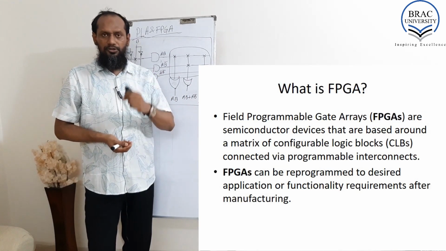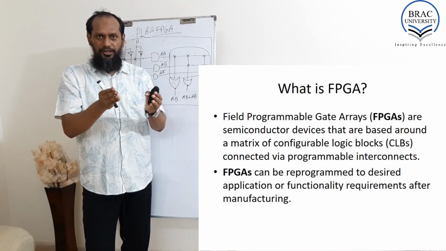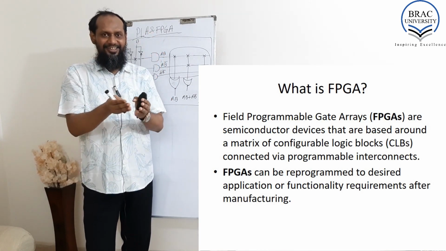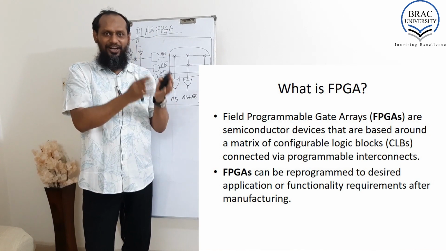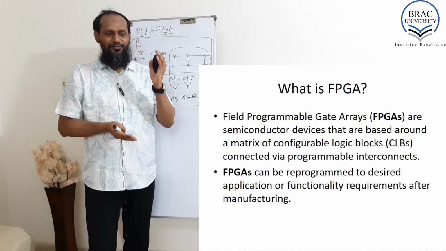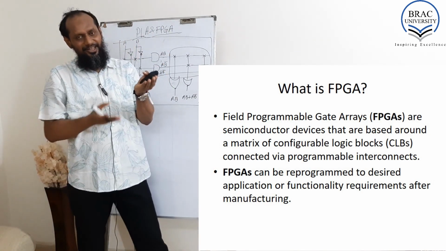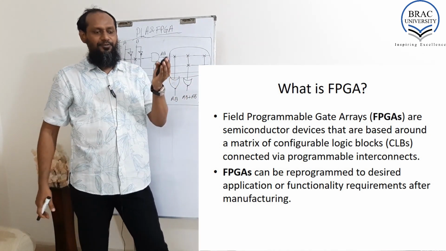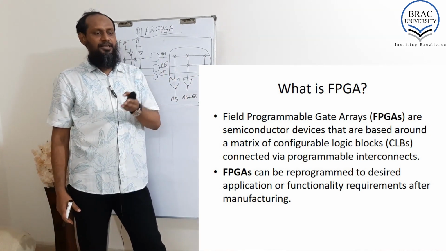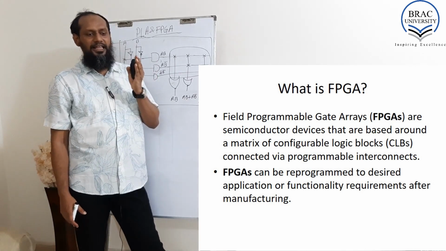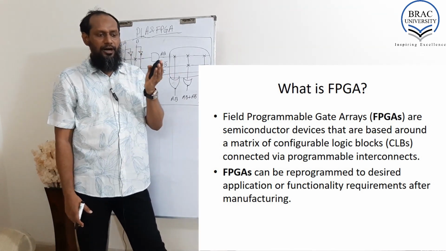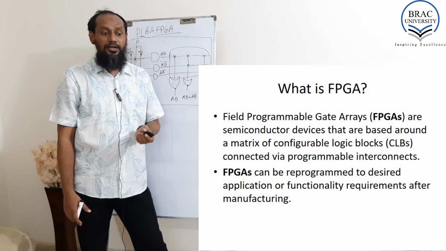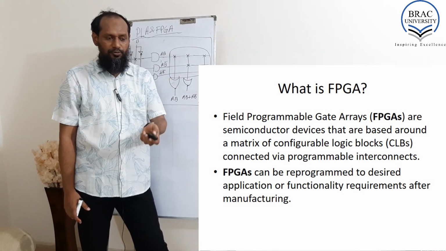So actually FPGA is a gate array and it's called field programmable. So the field programmable gate array definition will be similar to that one. Field programmable gate arrays are semiconductor devices that are based around a matrix of configurable logic blocks, which is called CLB, as I told you here.